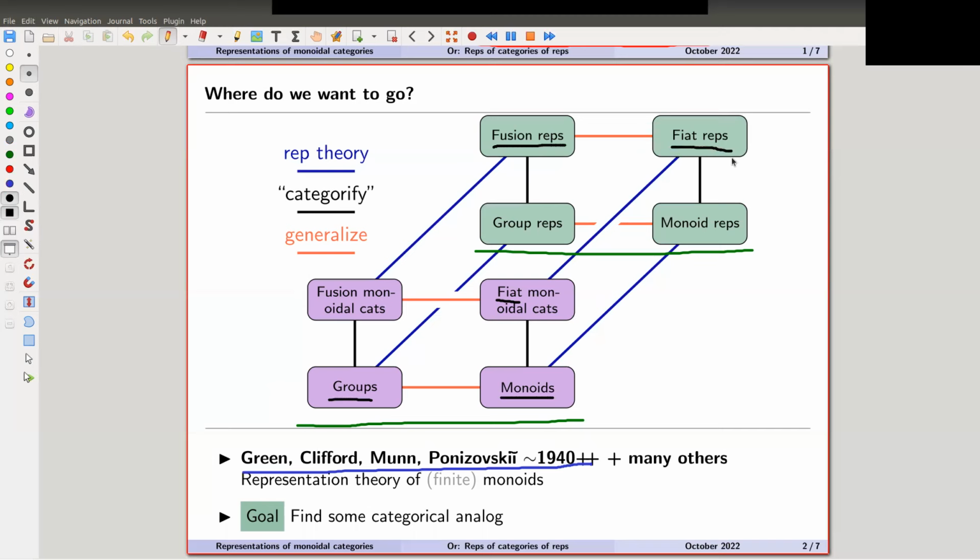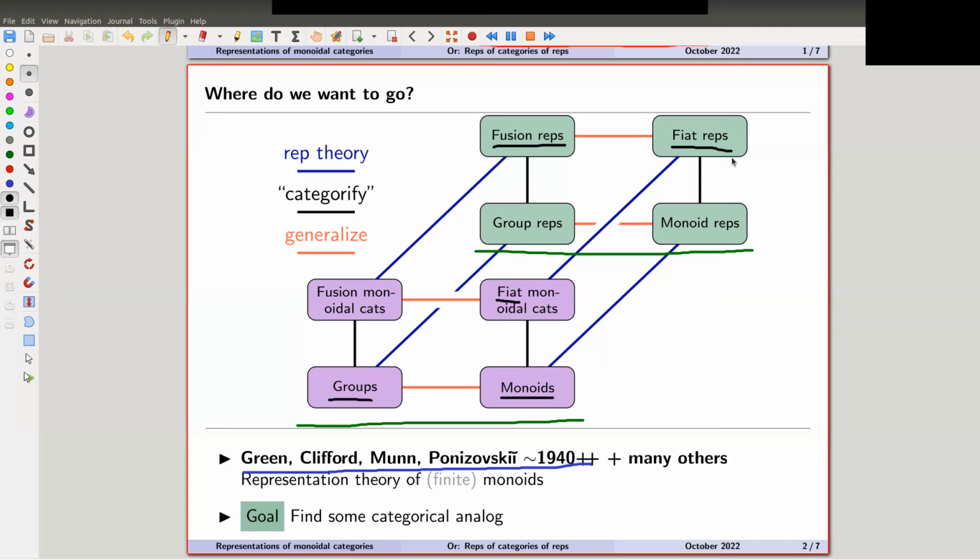Essentially, they are those categories which are categorical analogs of groups. They generalize groups and monoids in a very particular sense. And we like to study their representation theory because, well, why do you like groups? Groups turn up in the wild as symmetries of some object. Same for monoids. A monoid is a little bit of a broken symmetry because you don't have inverses.